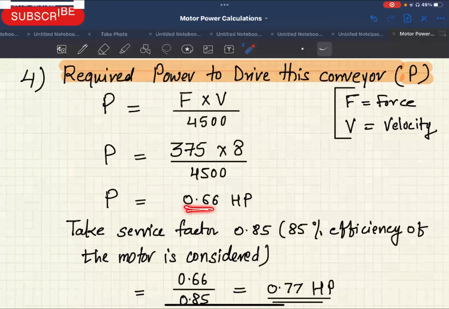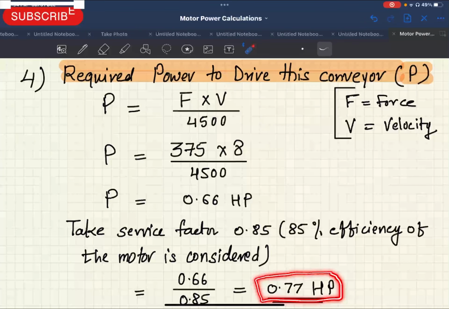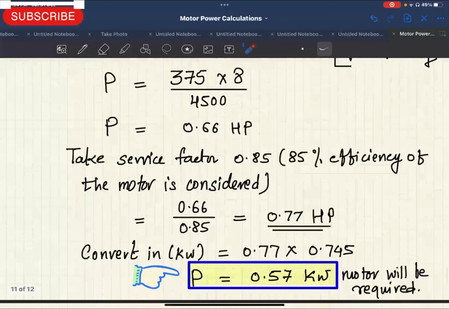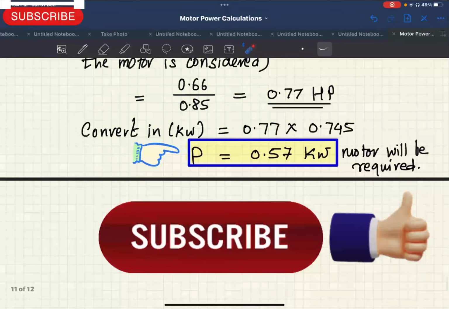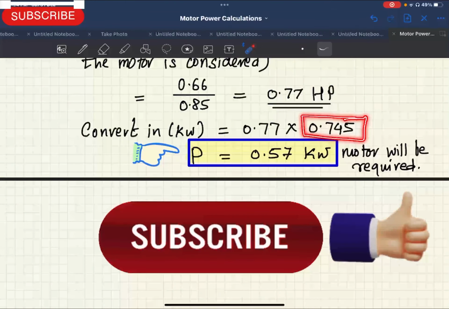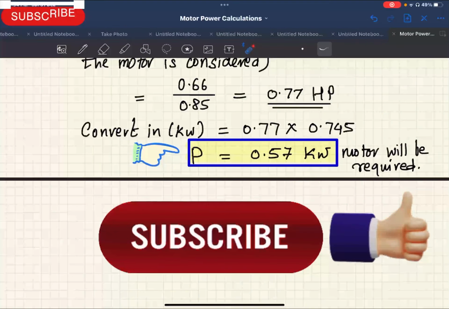So 0.66 divided by 0.85 gives the conclusion that we require a 0.77 horsepower motor to drive this conveyor. To convert this HP into kilowatts, we need to multiply this figure by 0.745. So we get a 0.57 kilowatt motor required to drive this entire conveyor.